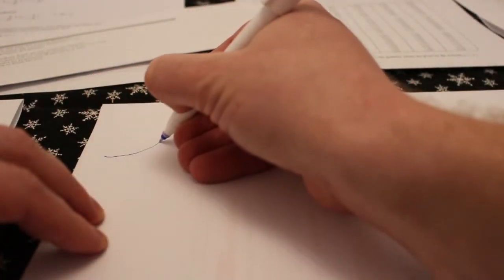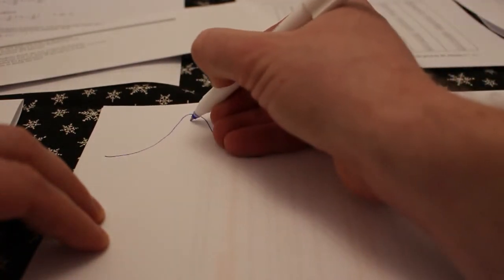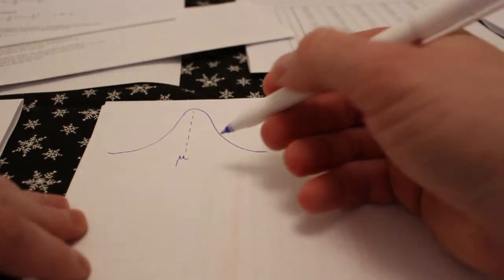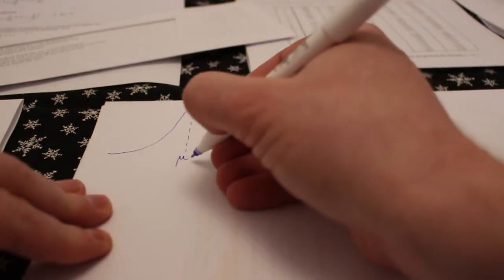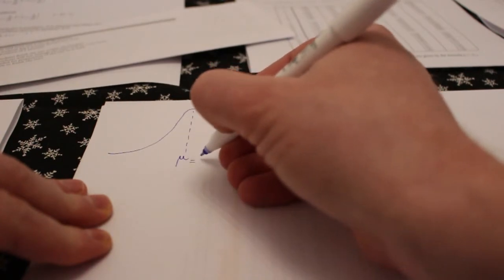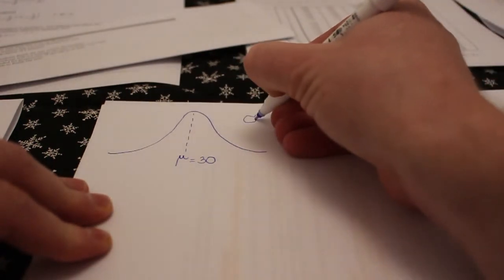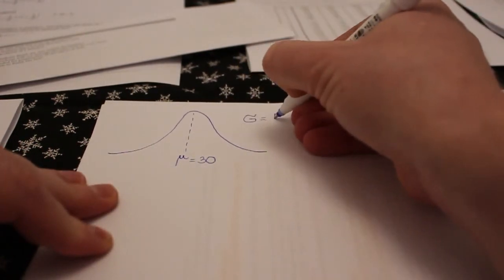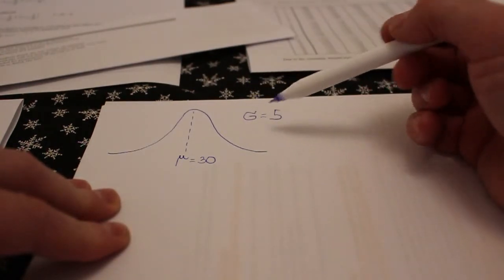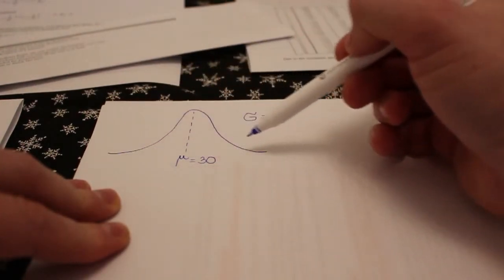You can imagine this shape of the distribution, and here is mu, the average, the expected value, expected length of the writing of the midterm test equal to 30, and the standard deviation sigma is equal to 5 minutes. This sigma, the standard deviation, defines the shape of this distribution.